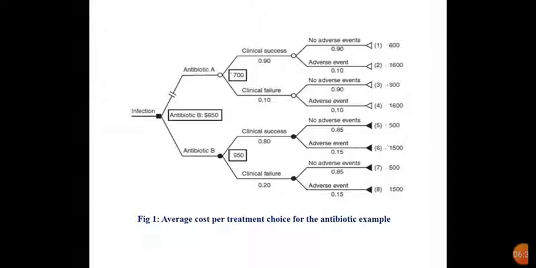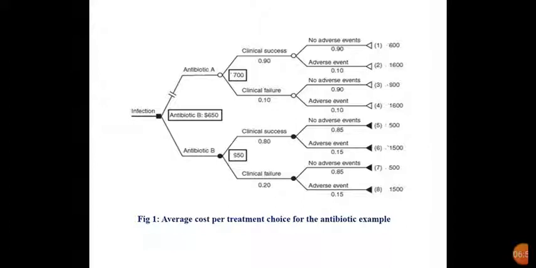So the total cost becomes 1600. So even here also the clinical failure with no adverse event is 600, and clinical failure with an adverse event is 1600. Then we'll see about the antibiotic B options and their outcomes.